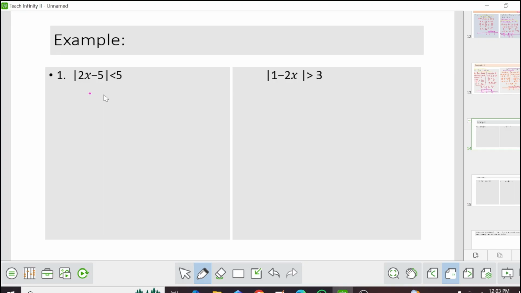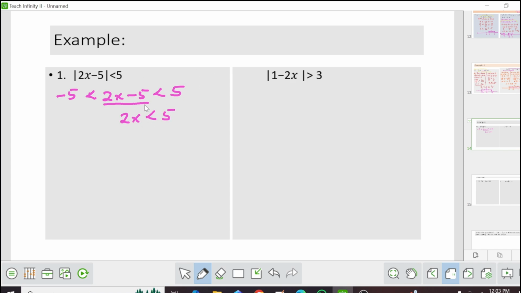To remove the absolute value, you put 2x minus 5 less than 5. The way it is here, just transfer it here. Then put minus 5 here. I think this one is better, so that you know that this one is at the center of that. Since the variable is concentrated at the center, no variable here, no variable here, I can move this constant out, leaving the 2x at the center.